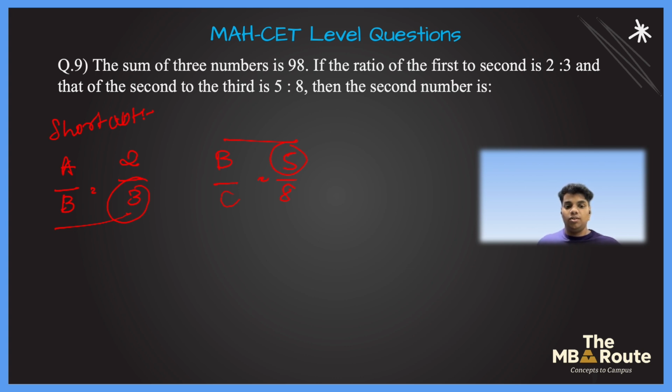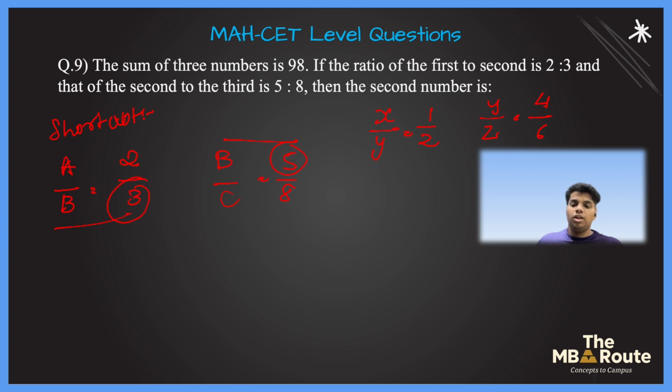Let's take an example. Let's take a variable, x by y is equal to 1 by 2, and let's take another variable z, so y by z is equal to, let's say, 4 by 6. I've just taken random values. Now I know that y is common in both the ratios.